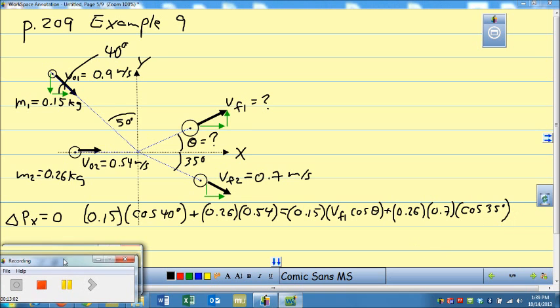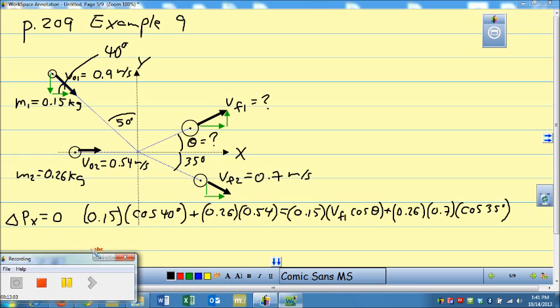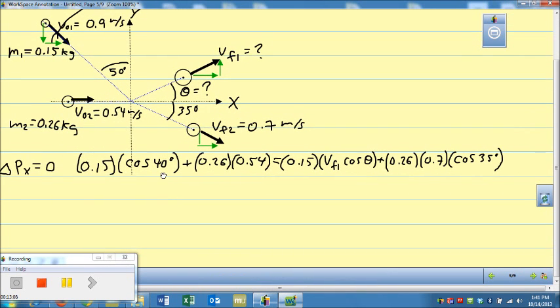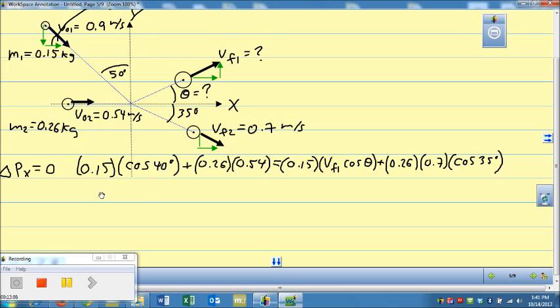So let's see if we can get some of this stuff calculated so it doesn't look quite so messy. Ideally, you want to calculate at the end because you can introduce error, but realistically, it's a lot easier to not get lost if you can get rid of some of the stuff, like 0.15 times the cosine of 40.